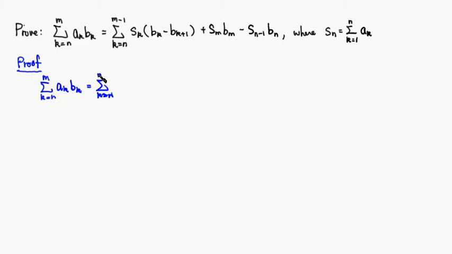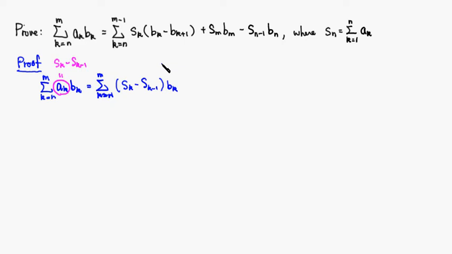This guy can be rewritten as s_k minus s_(k-1). So let's put that in. We're going to have s_k minus s_(k-1) times b_k.